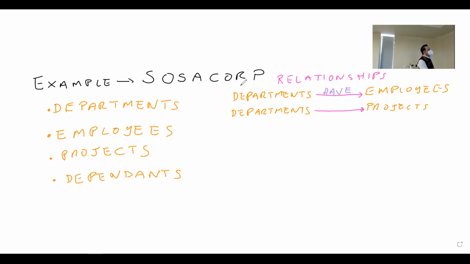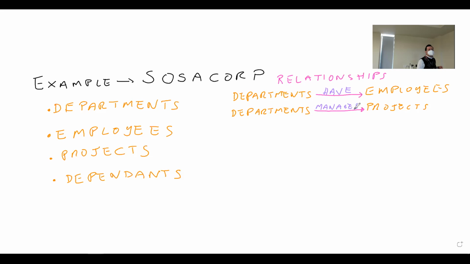Okay, I'm going to put a couple of examples here. We could say departments have projects. If we want to be a little bit more technical related to the description, I think it said that departments managed projects, so that could be another way of describing it. What about create projects?